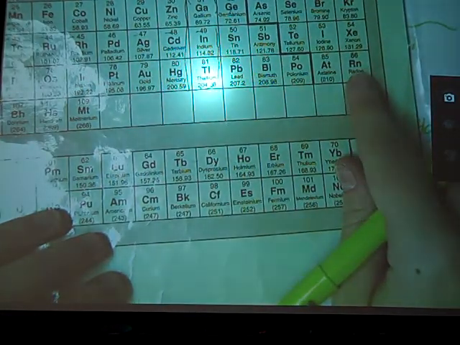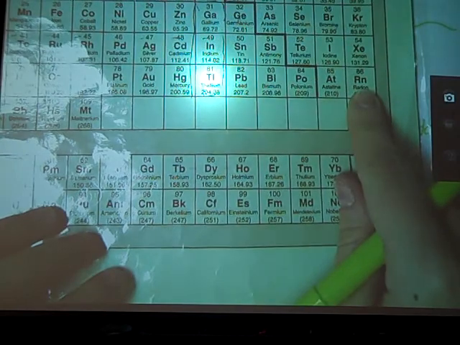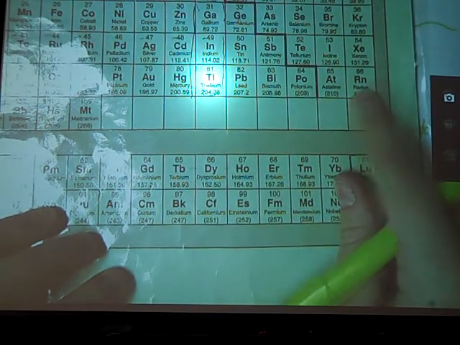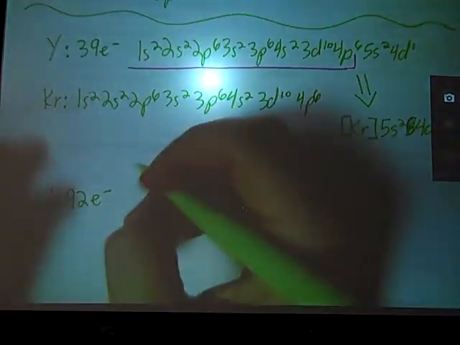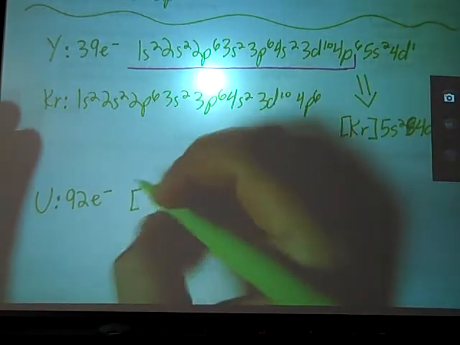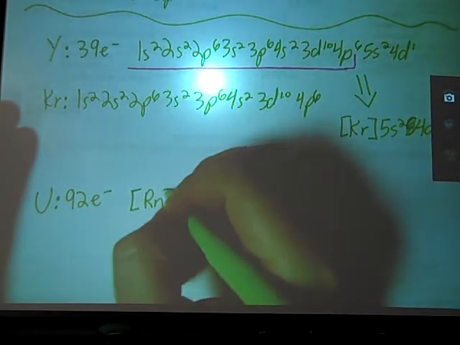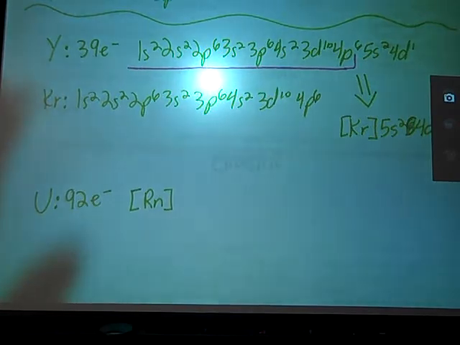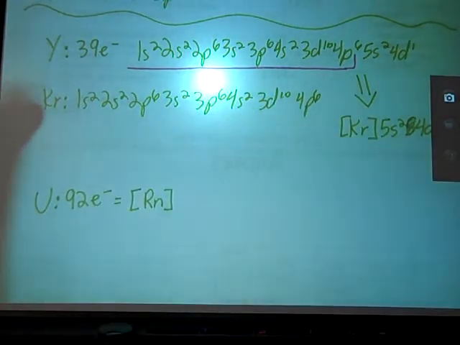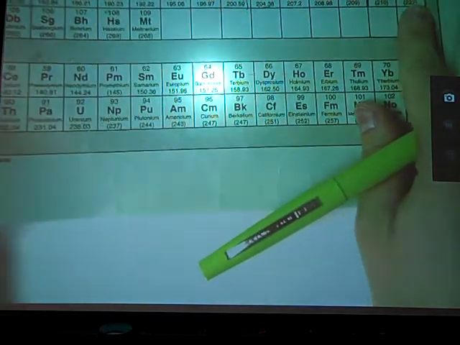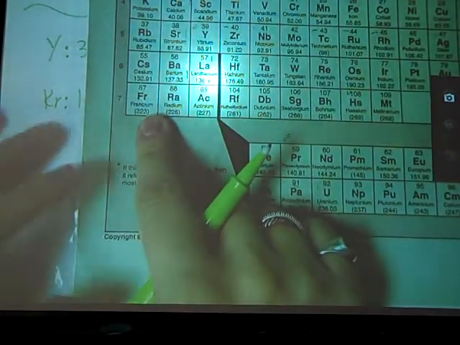Here's my noble gas that I'm going to use to abbreviate my uranium configuration. So I put radon in brackets, so that tells my reader that to that point, uranium and radon have the same configuration. Then from here, we continue on.